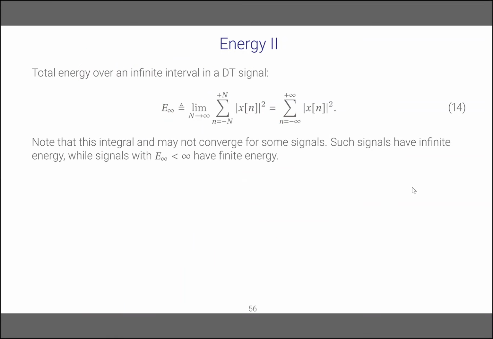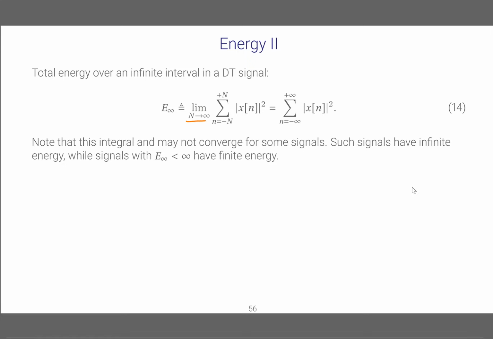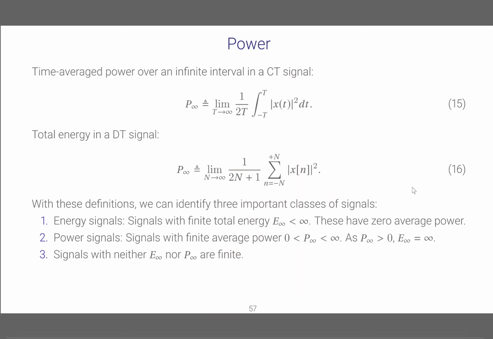The total energy over an infinite interval in a DT signal is the limit as N goes to infinity of the sum from minus N to plus N of modulus of x[n] squared. We can write this as n going from minus infinity to infinity of modulus of x[n] squared. Note that this integral may or may not converge. Some such signals have infinite energy, while signals with E infinity less than infinity have finite energy. So there are infinite energy signals and finite energy signals. Finite energy signals are called energy signals.